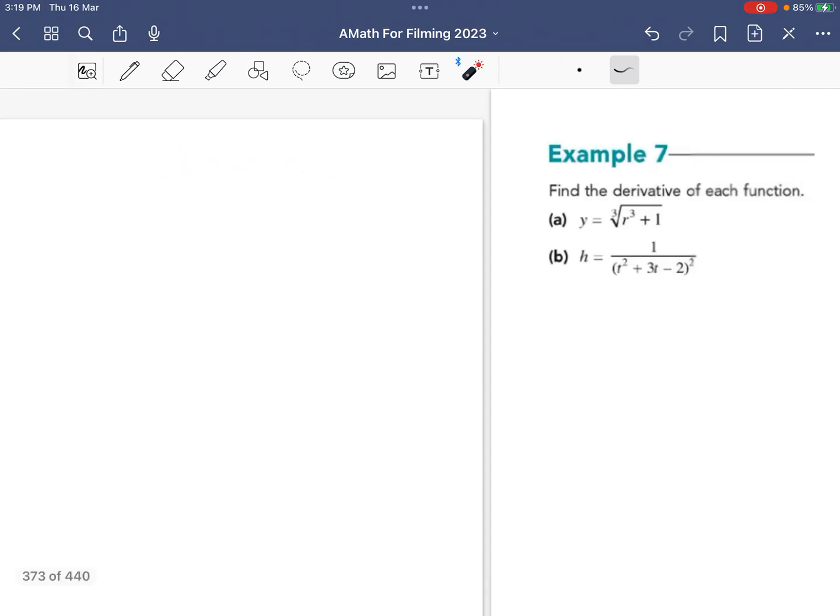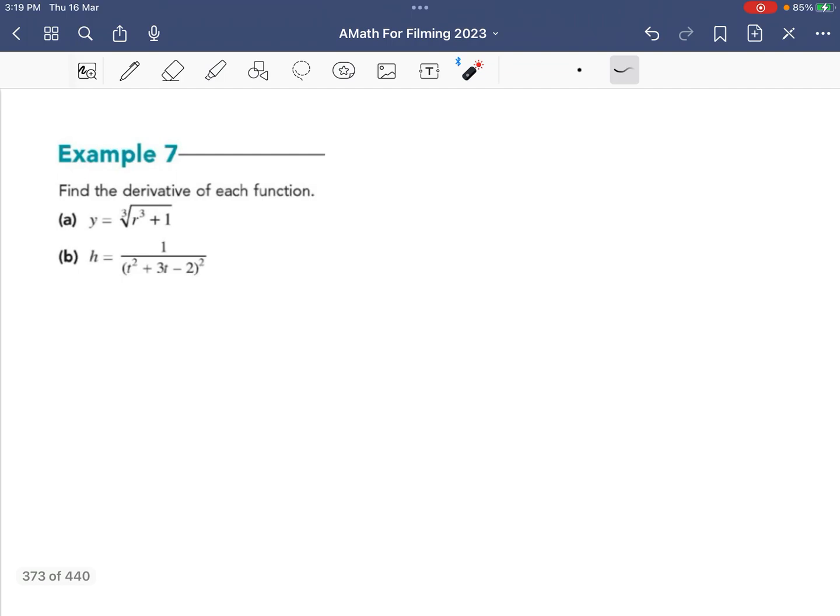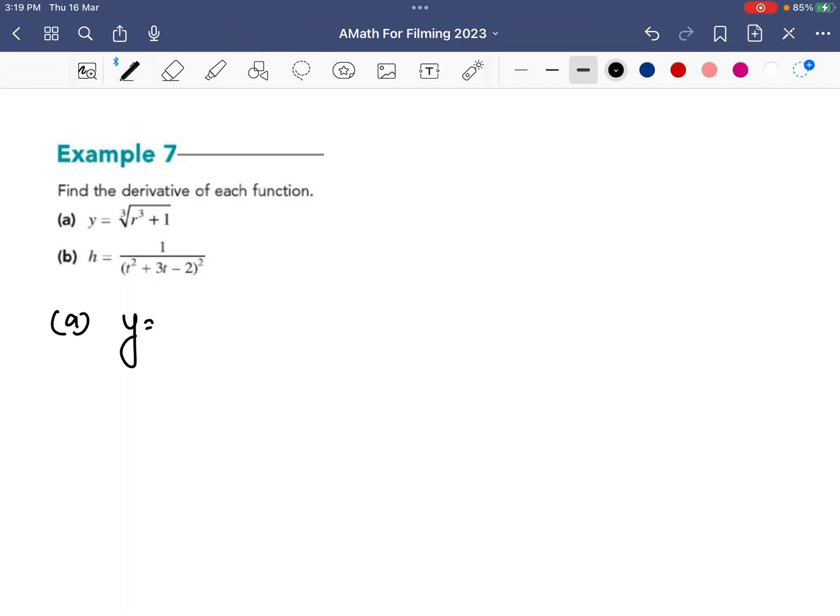Okay, example 7. I'll just do example 7. It's still similar. We're applying the chain rule. So y is equal to r cubed plus 1 to the power of 1/3. If I differentiate y with respect to x, first bring down the 1/3, I get r cubed.